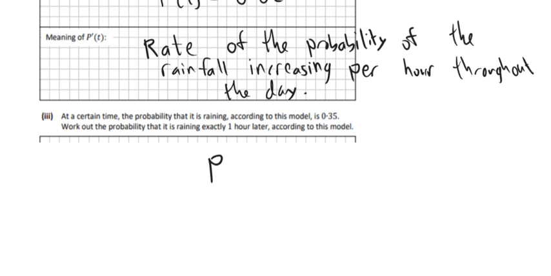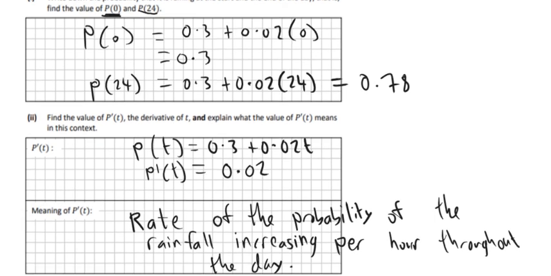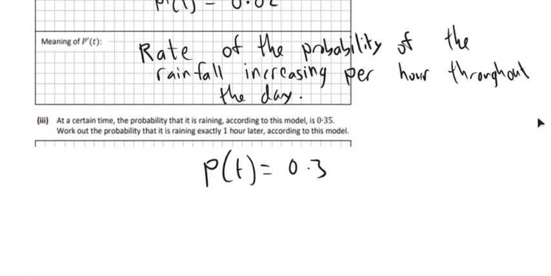So we know P of t is 0.3 plus 0.02t. So we know that the answer to that will be 0.35 because that's how much rainfall it is at a particular time, but we don't know the time, so we have to work out what the time is.